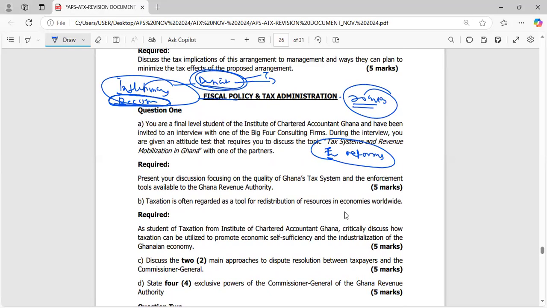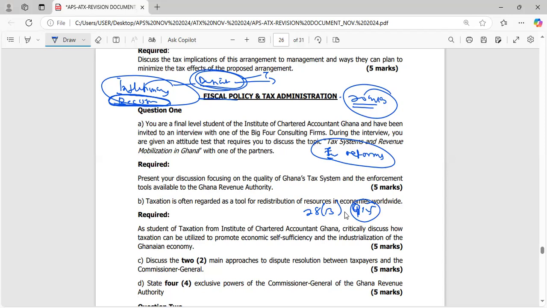There are some reasons. Section 28, subsection 3 of the Revenue Administration Act 915, to prevent revenue leakage to the government. There are provisions stated in section 28, subsection 3 of Act 915 that the Commissioner General can use to force you to file your returns before the due date.